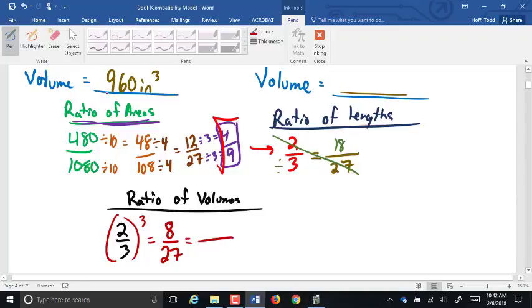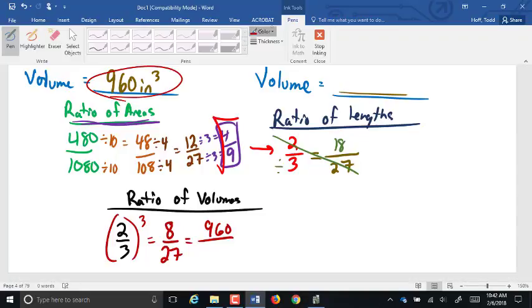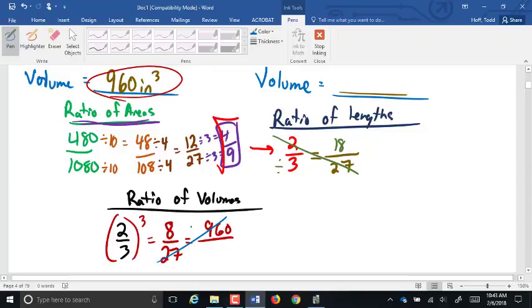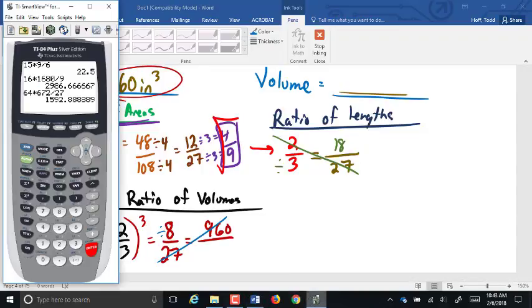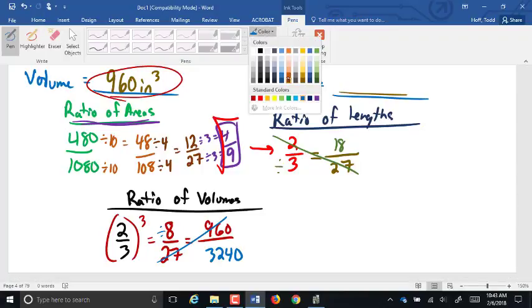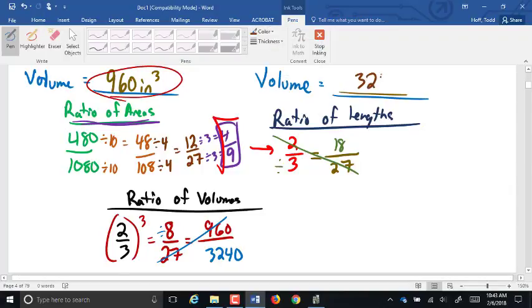Where's the 960 going to go? Top. That is from the smaller figure. So we shall cross multiply and divide. 27 times 960 divided by 8 is 3,240. That gives us a volume of 3,240 inches cubed.